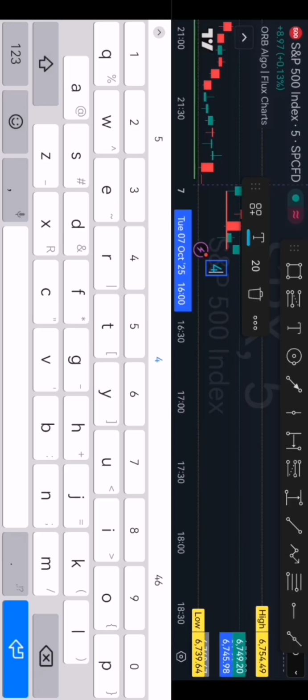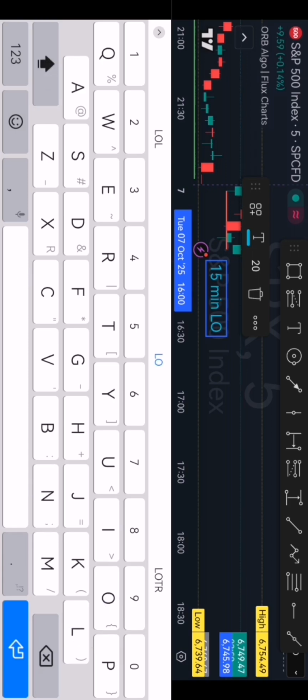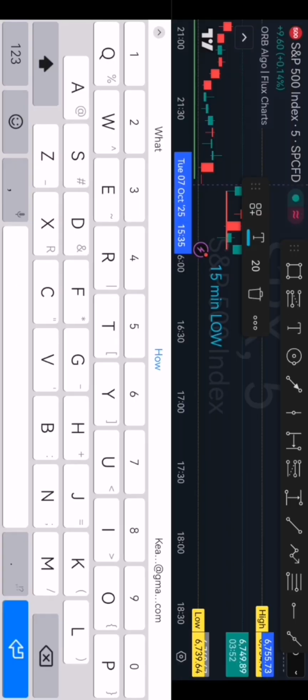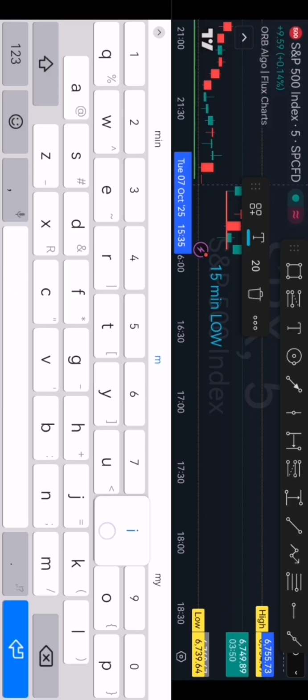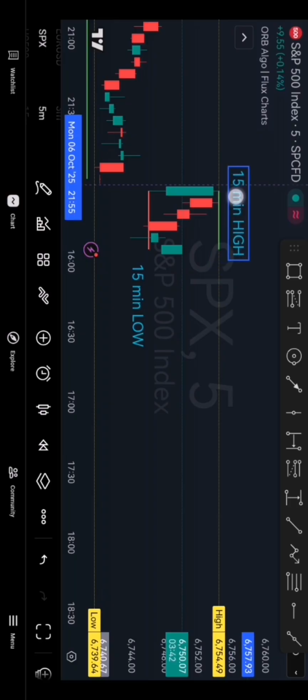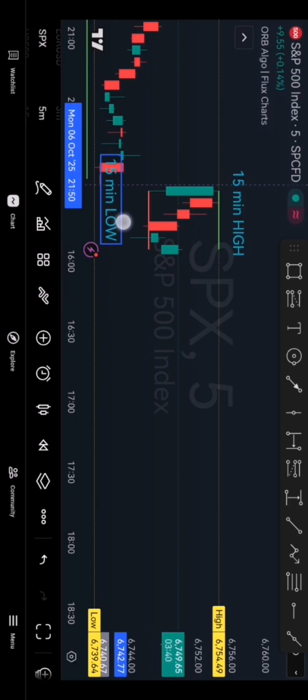Right here you got your 15 minute low, right? And here, in green, you got your 15 minute high. And that is it.